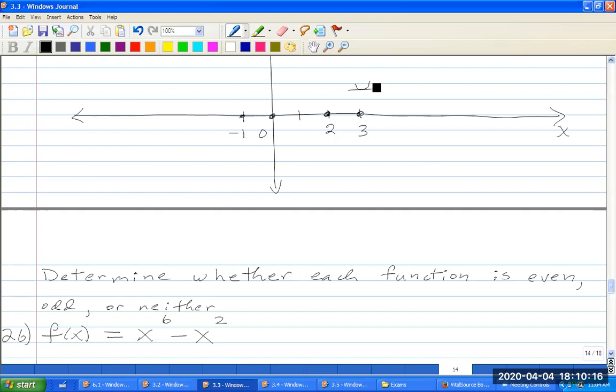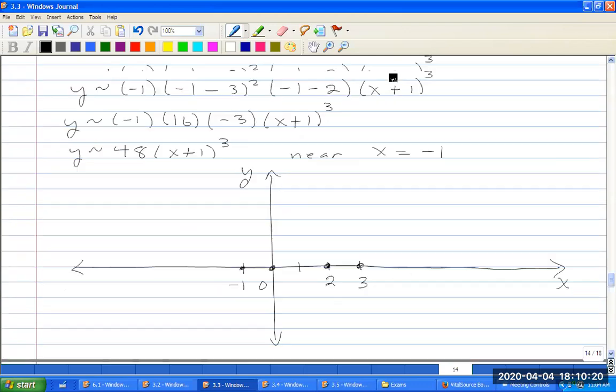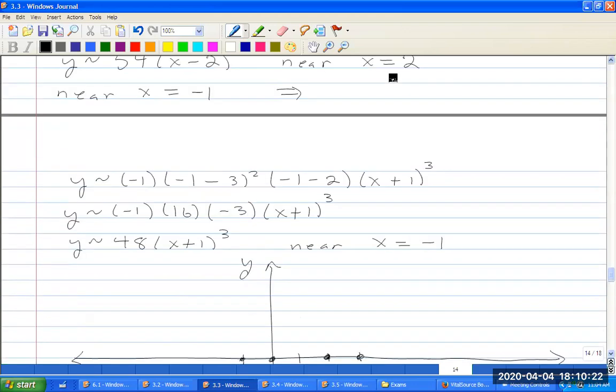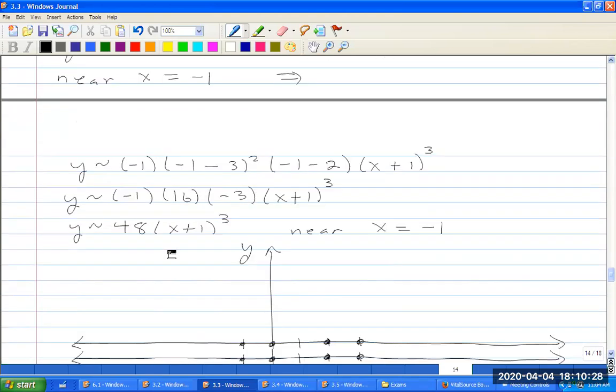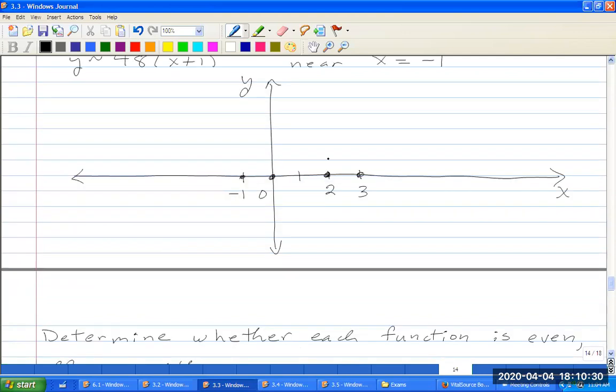Next, at x equaling 2, it looks like a line having a positive slope near x equal 2.